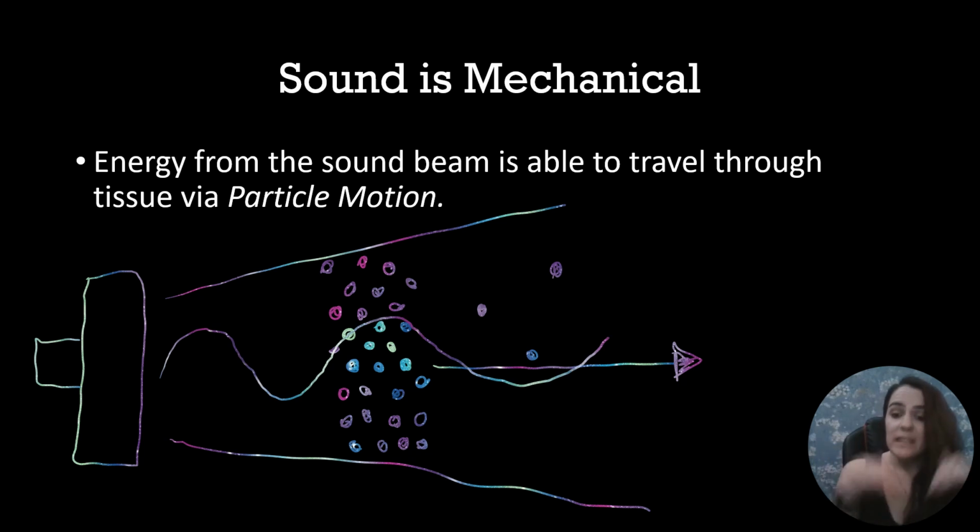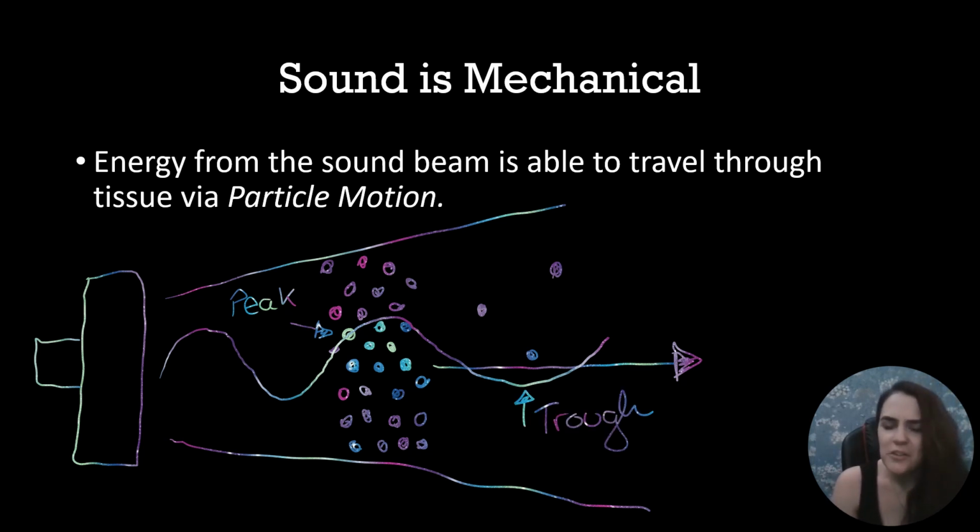As the sound enters into the body, the areas that have really dense tissue are going to cause the sound wave to form a peak. Okay, that's up like a hill. So a lot of particles, a peak in our sound wave.